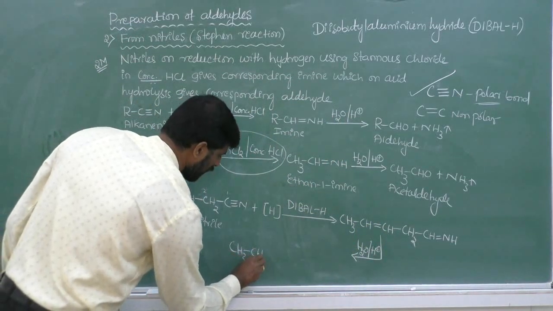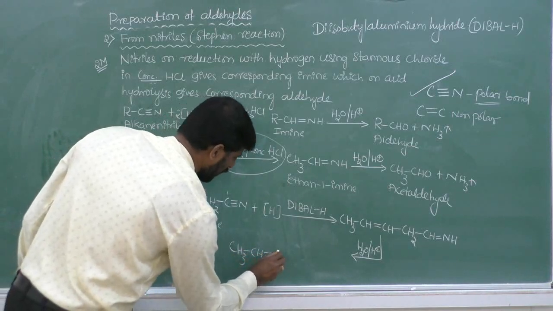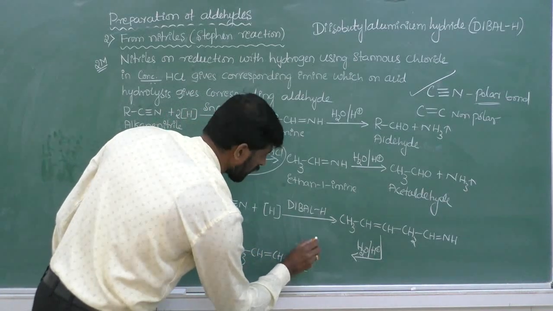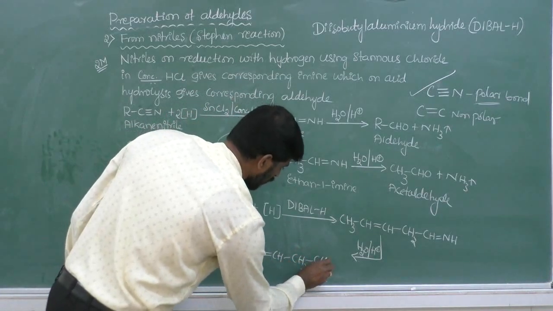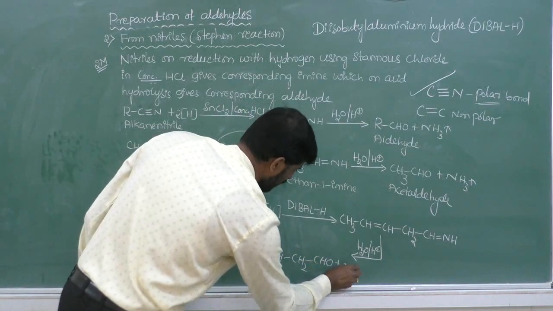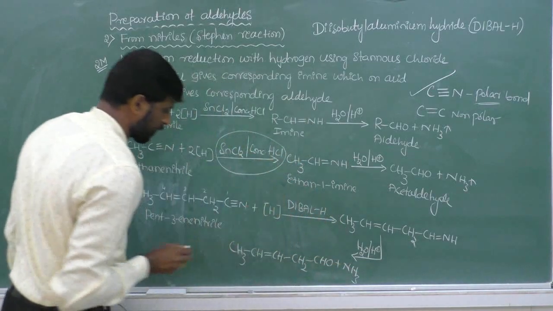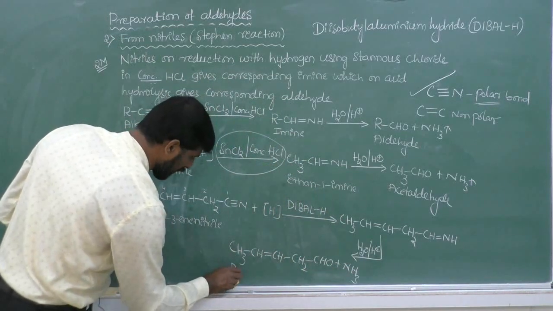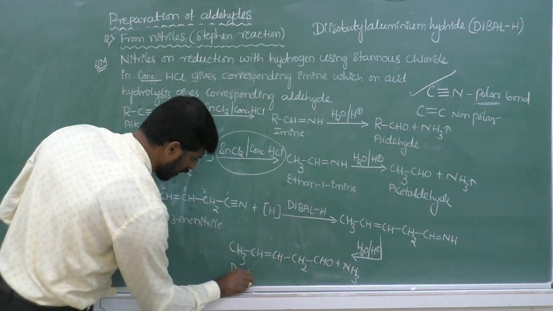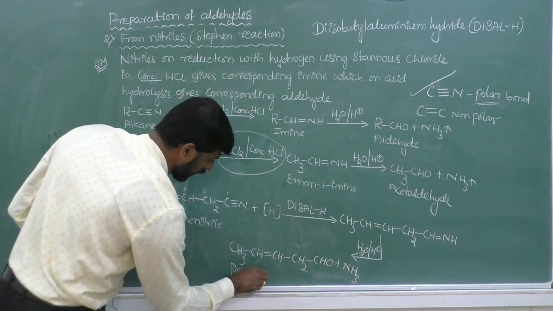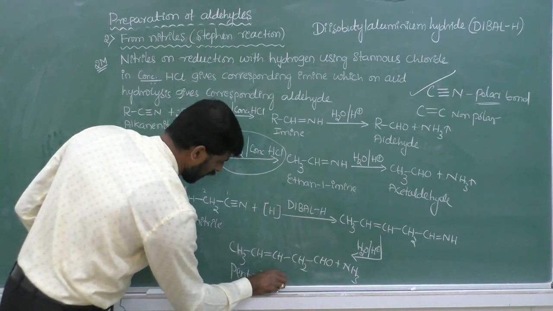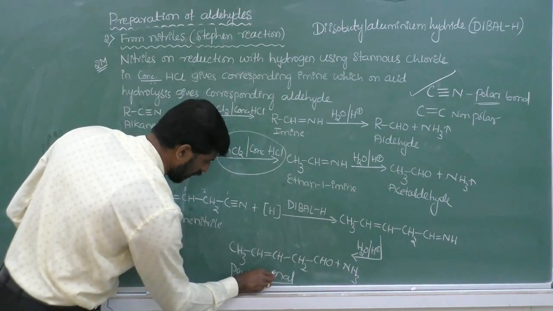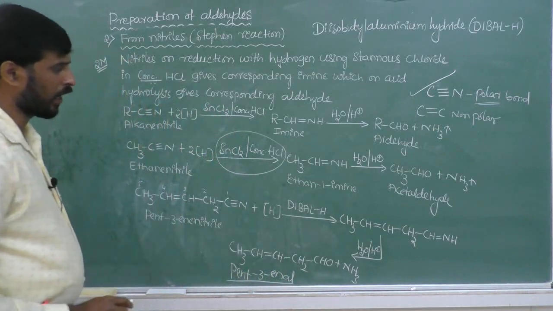CH3 CH double bond CH CH2 CHO plus ammonia. This is nothing but pent-3-enal, the aldehyde is formed.